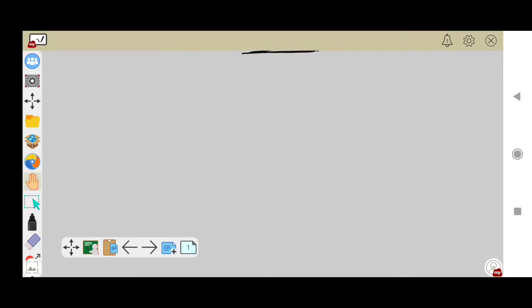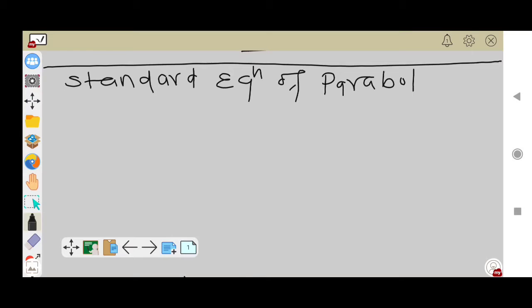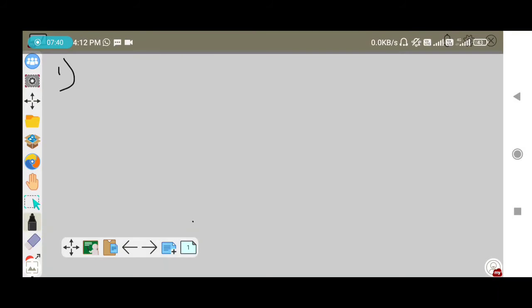Now we will look at the standard equation of a parabola. See, there are basically 4 types of parabola. The first one is this.